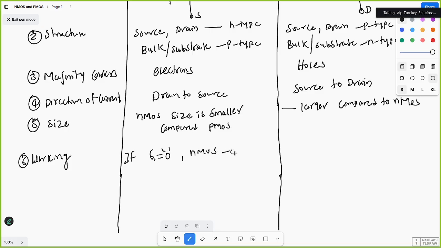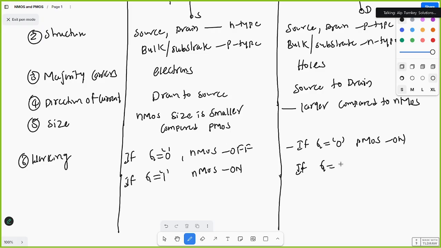If G equal to 1, NMOS will be on. If G equal to 0, PMOS will be on. And if G equal to 1, PMOS will be off.